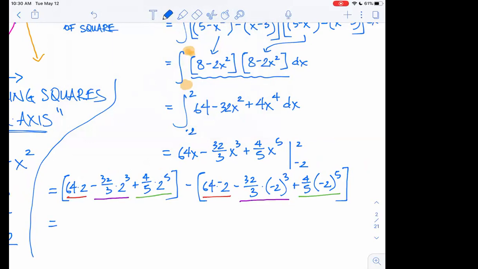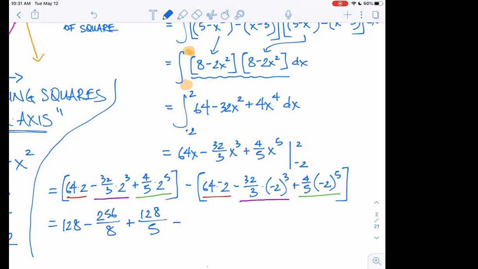All right, so let's simplify and see what we get. 64 times 2 is 128 minus 32 times 8. Let's see what that gives us. 256. So I get 256 over 3, plus 2 to the 5th is 32 times 4 is 128 over 5. Okay, so that's the first bracket.